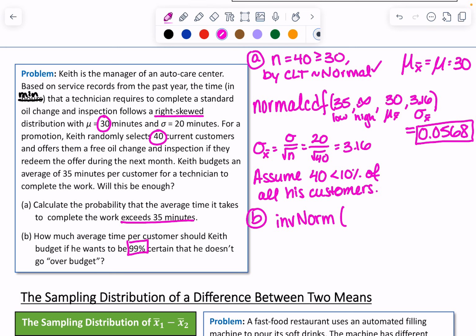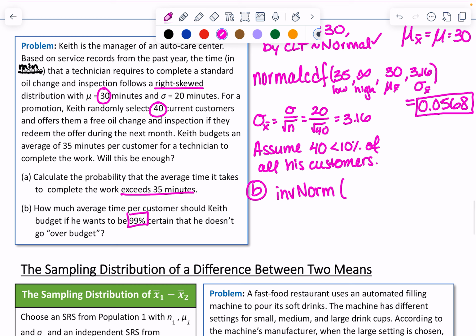Now just a reminder, when you do inverse norm, it only shades to the left. So you just have to double check that what they told you makes sense. Is this 99% to the left of our mystery number?